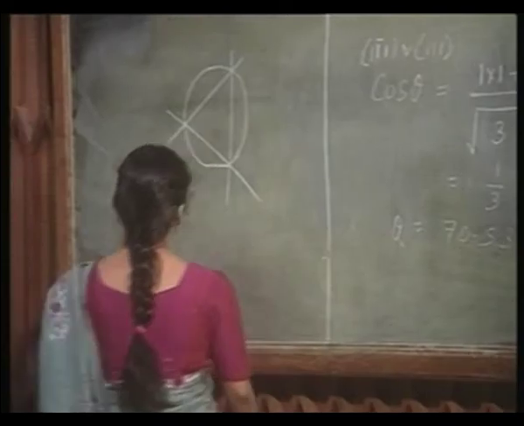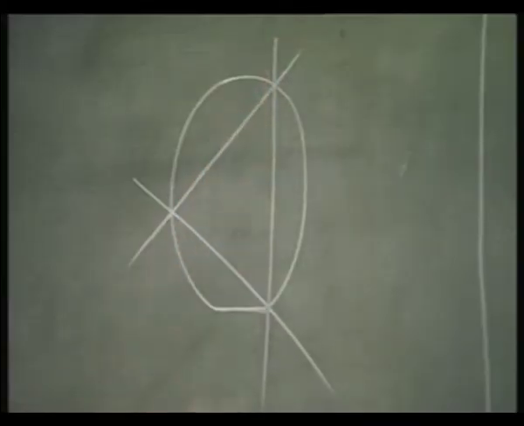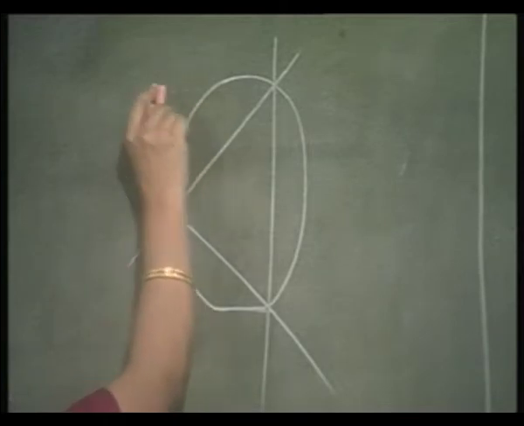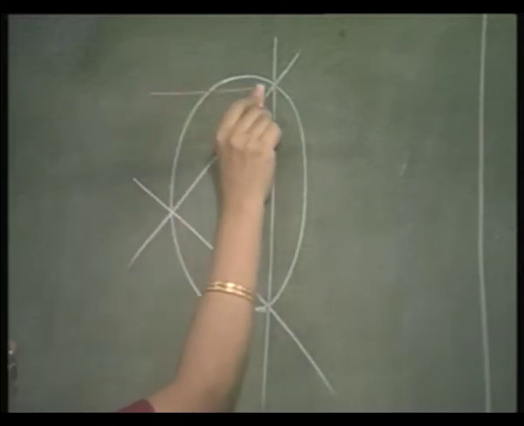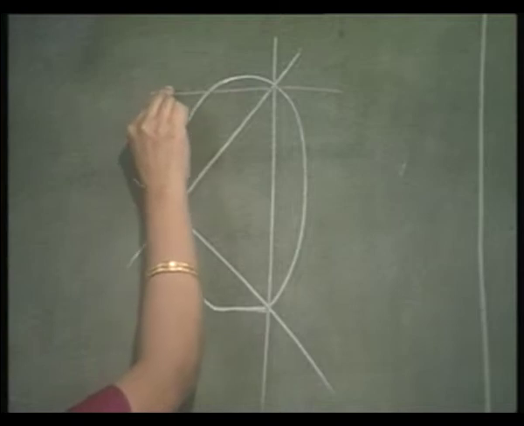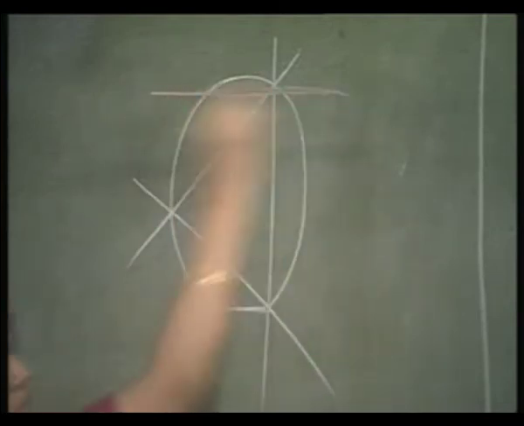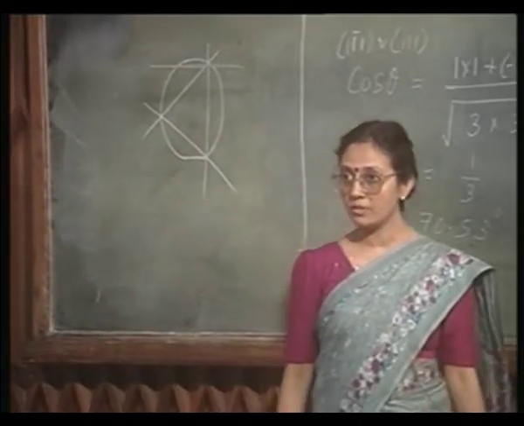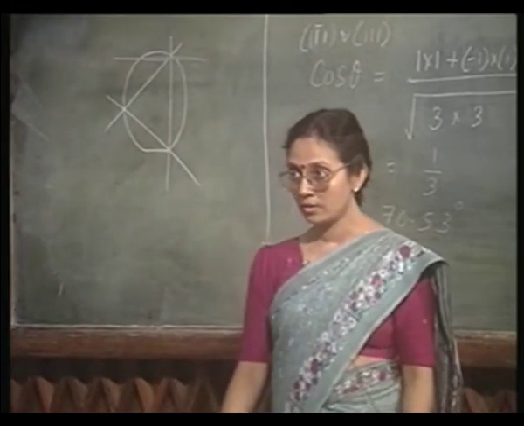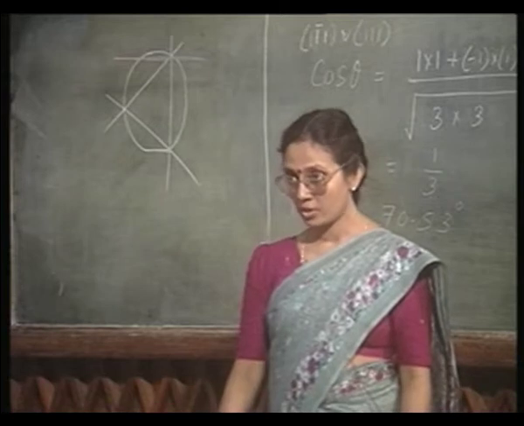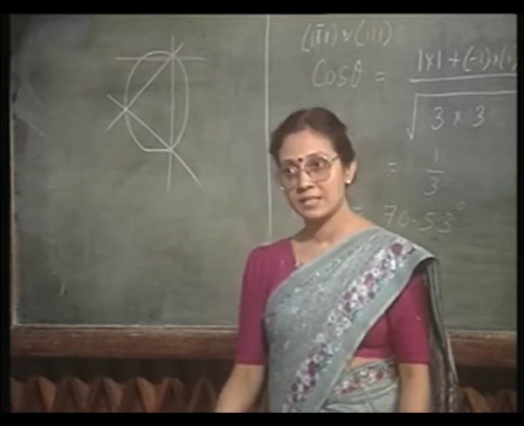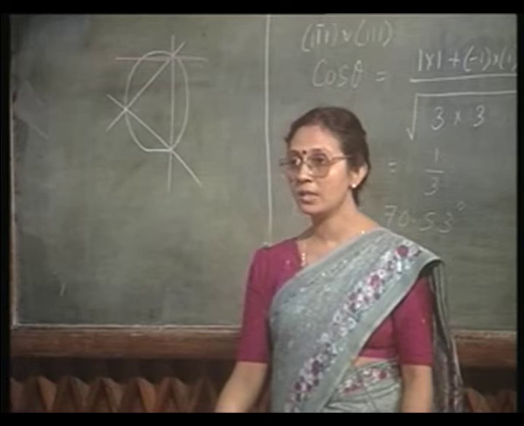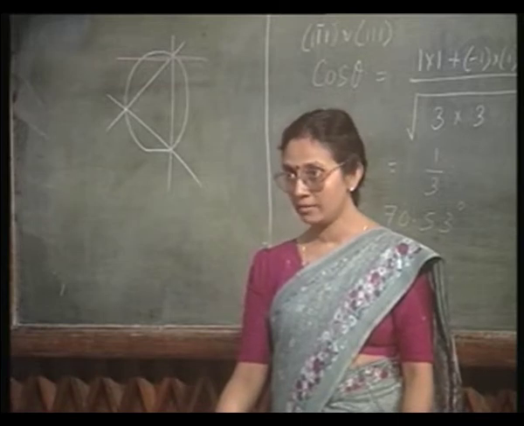That is, I have put my first scribe line here. So, automatically I am going to try to scribe it. The next scribe line I am going to put like this. But this is not the natural cleavage direction, right. So, it will resist, silicon will resist scribing along that line.